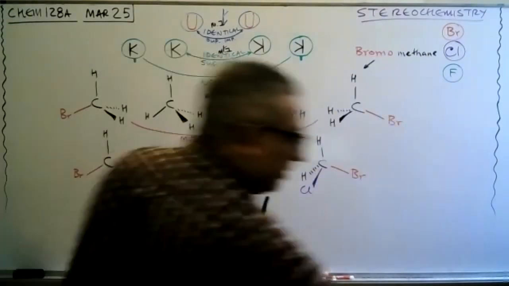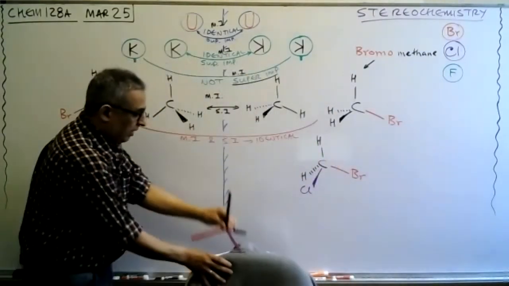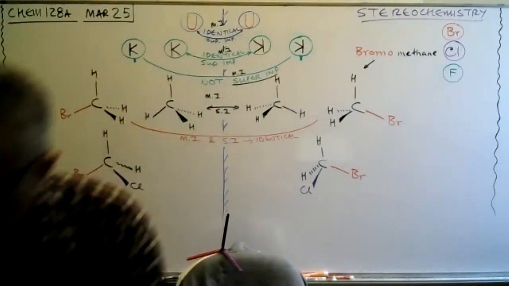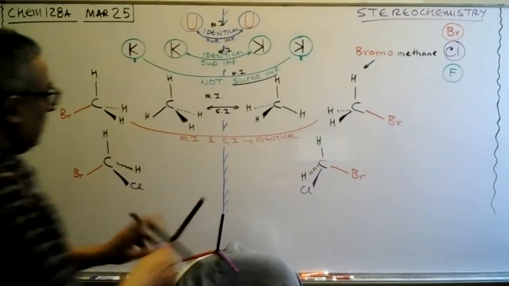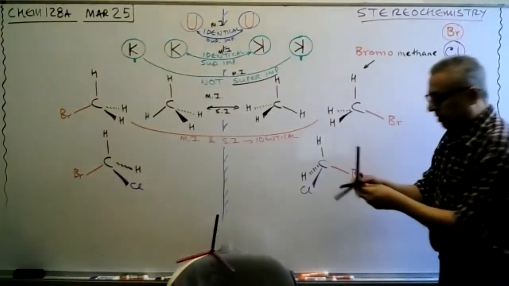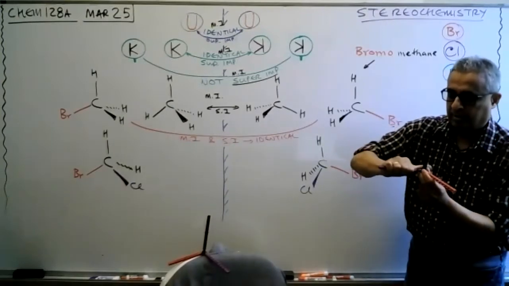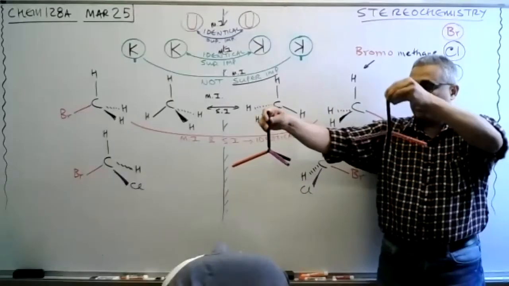Okay, this is how it looks. I don't know if you guys can see it. Yeah, you can barely see it. Now I'm going to switch this other one. So this is how the molecules look.